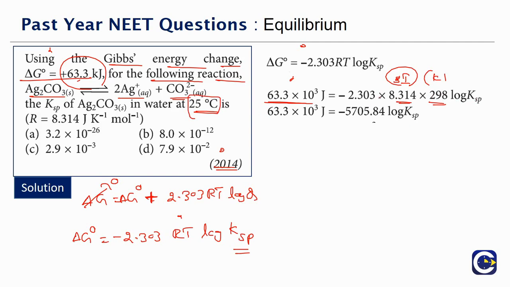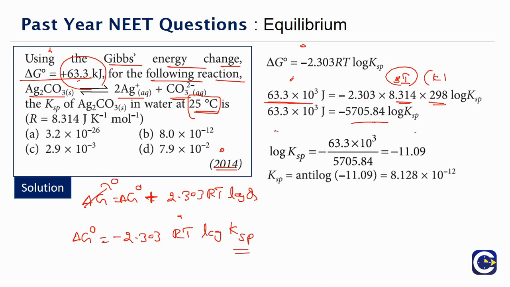If you see 2.303 into 8.314 into 298, this involves some calculation. Whenever we have these kinds of questions, they do involve a little bit of calculation. We can't escape it. This multiplication is going to give us approximately 5705. If you are looking for the KSP value, first we can find log KSP.